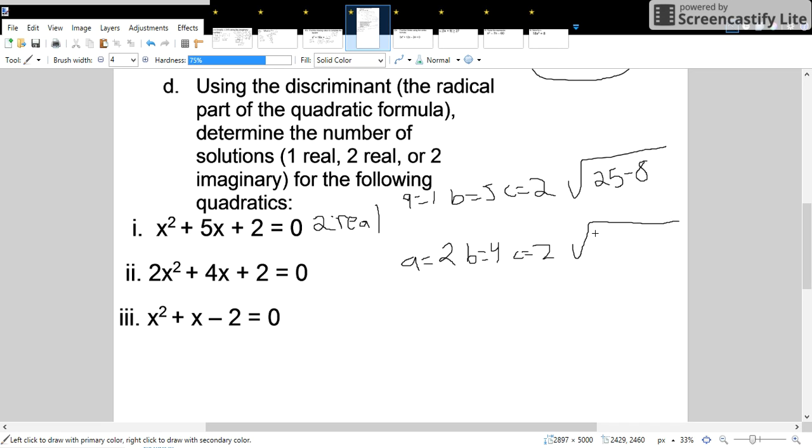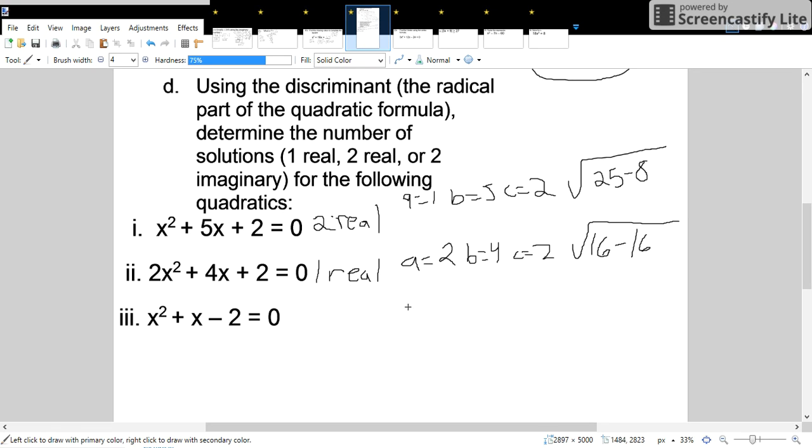So b squared, so 4 times 4, that's 16, minus 4 times a times c, so 4 times 2 times 2, that's 16. 16 minus 16 is 0. Since your square root is 0, you only have one real solution because the plus or minus part is gone.